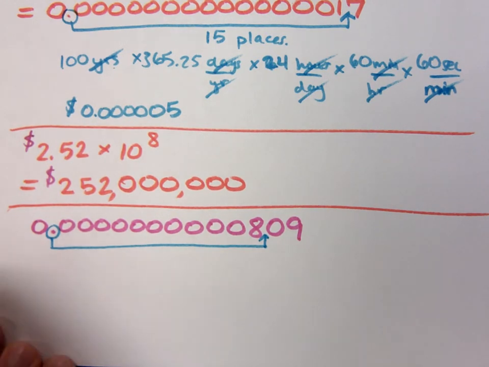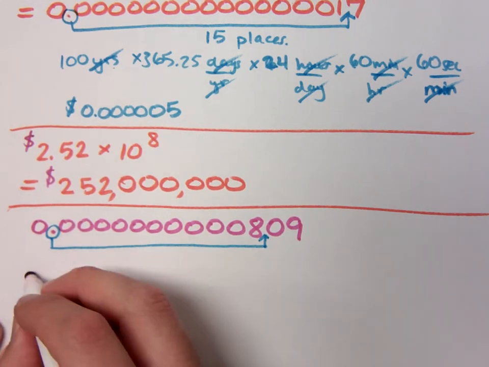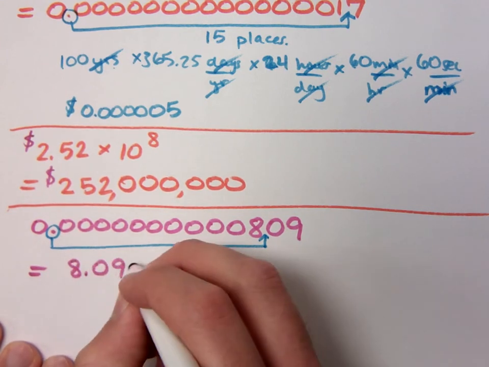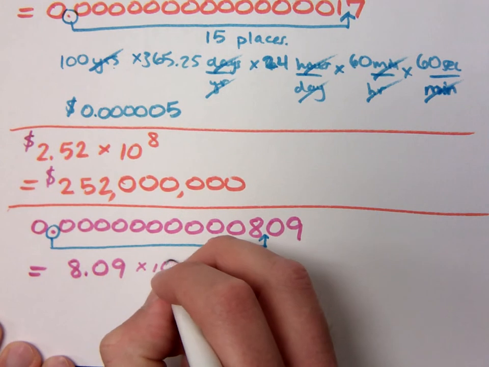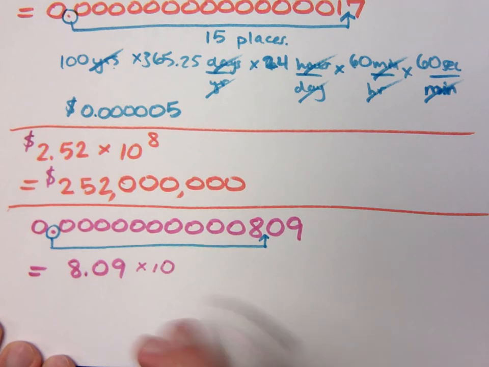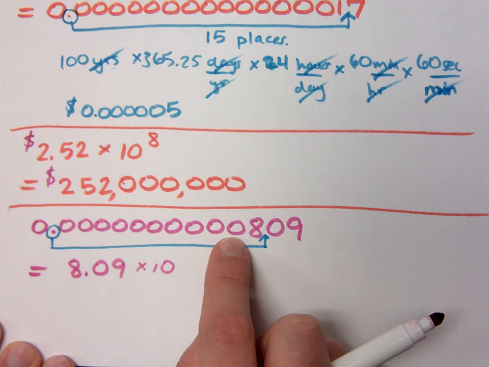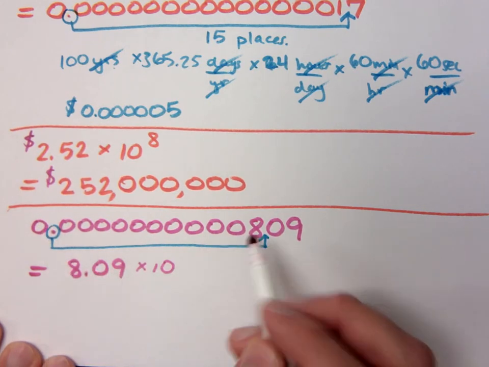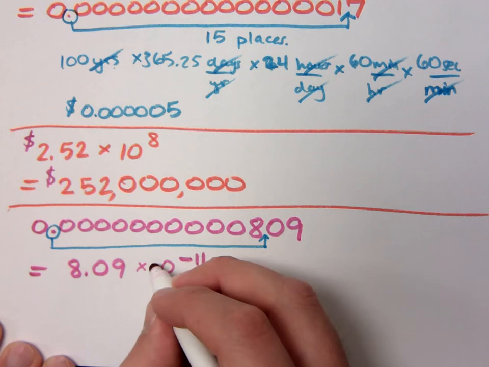Right. So I know that my answer in scientific notation is 8.09 times 10 to the what power? 11. Negative 10. There are 10 zeros that I have to go past, right? So this would be 10, one more is 11, so that's negative 11. Do y'all agree?